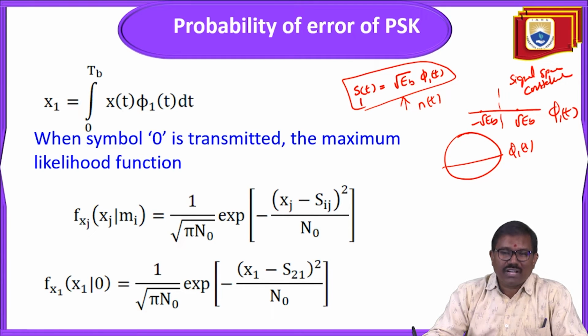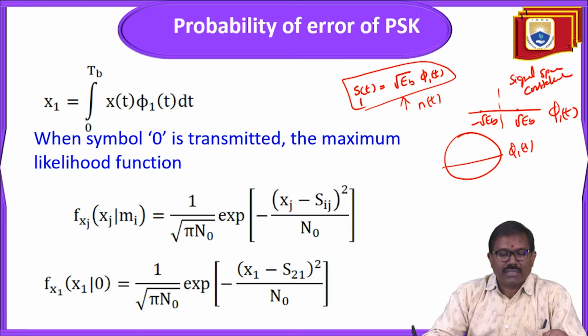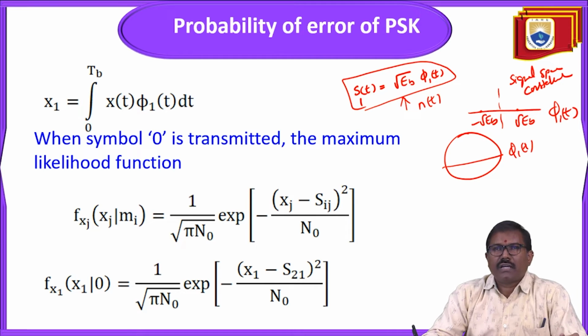The maximum likelihood function can be represented as f of xj, conditioned on mi, equal to 1 by square root of pi N0 times exponential of minus (xj minus sij) whole square by N0. Here xj is the observation vector, so I can replace xj with x1.